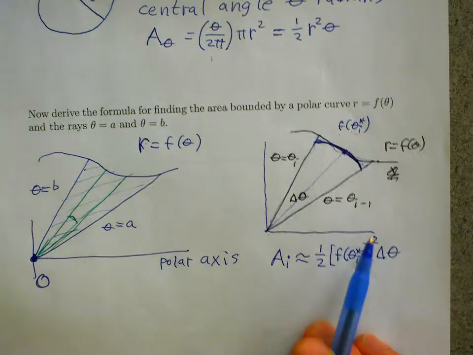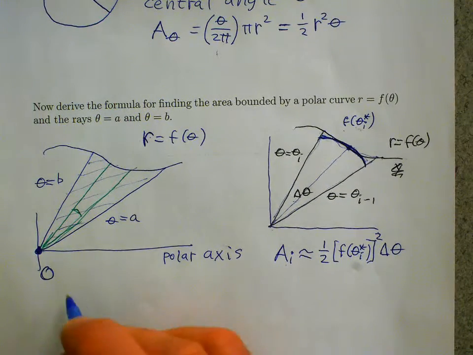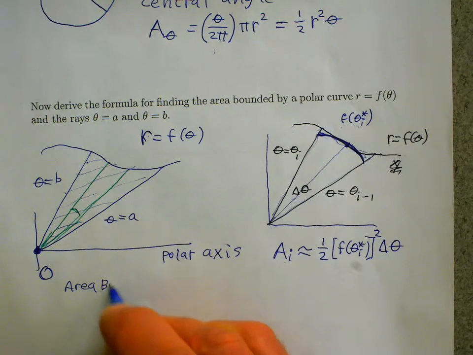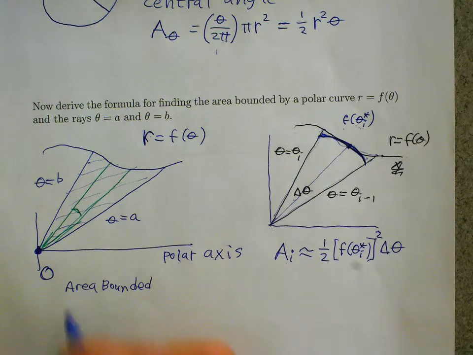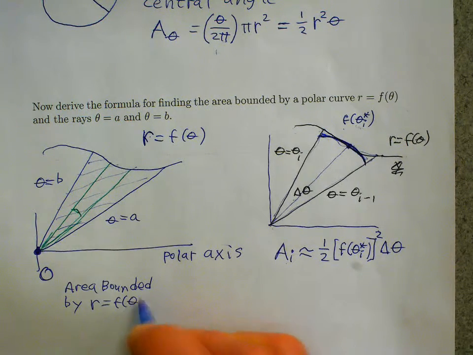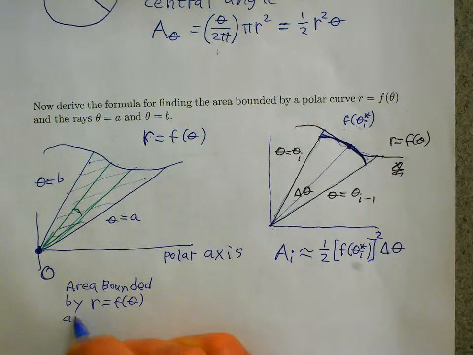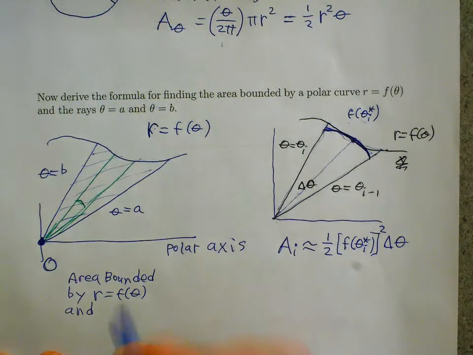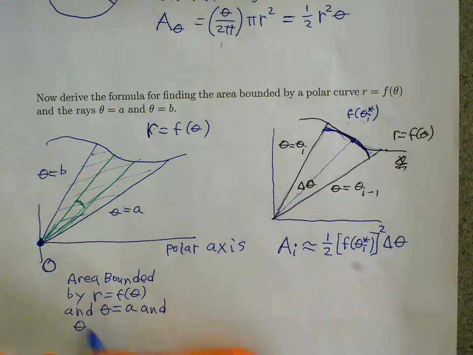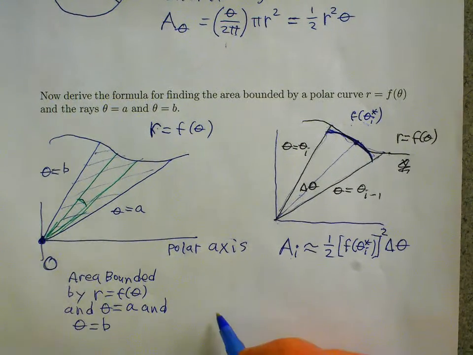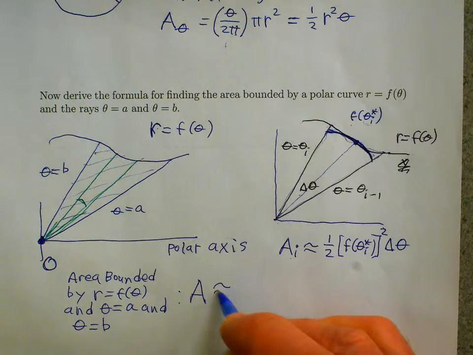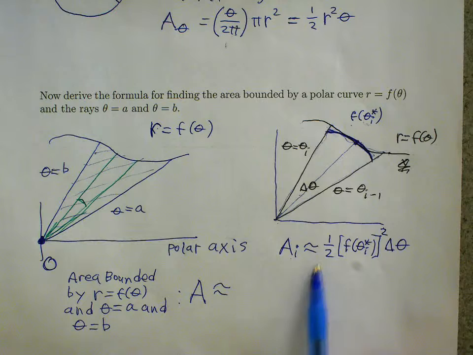And so the total area bounded by r equals f of theta, and the rays theta equals a and theta equals b, can be approximated by a Riemann sum, each of the terms having this form.